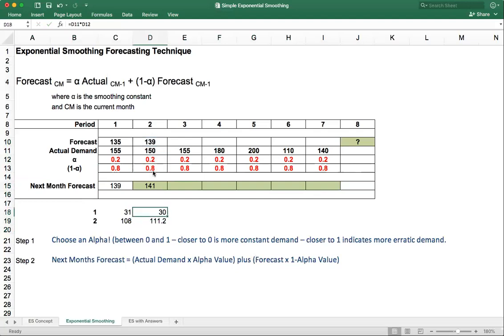So in this case, it's saying, hey, my forecast is 141. Now, 30 of those units is based on what's happened. 20% of it is from actual demand and 80% of it is from what I thought was going to happen. Again, right? So our forecast for period 3 becomes 141. So I'm going to take that up there, equals 141.